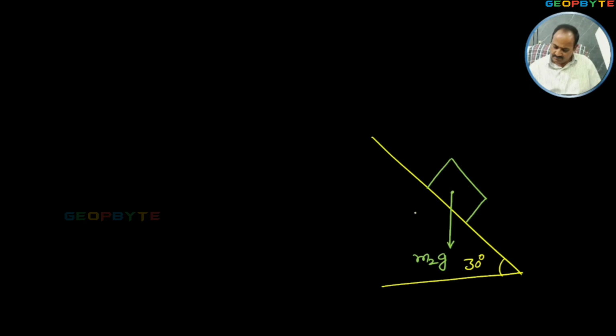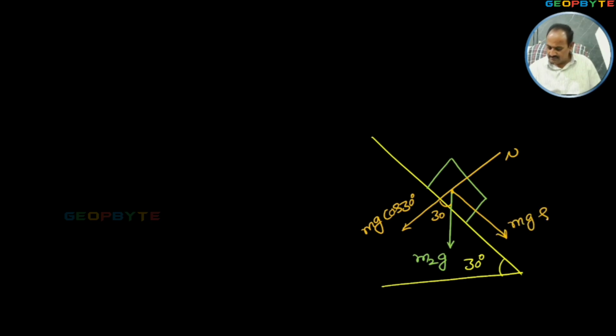M2 into g is the weight, and this is the normal reaction line. It is at 30 degrees. Then it is mg cos 30 degrees, and this is mg sin 30 degrees. The string is connected like this, maintaining the tension T.